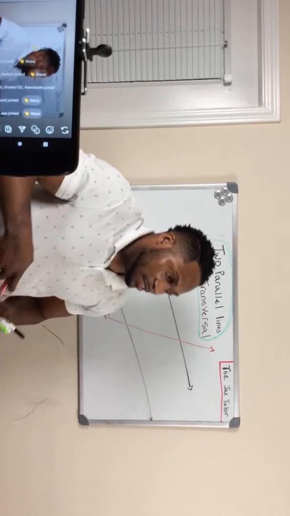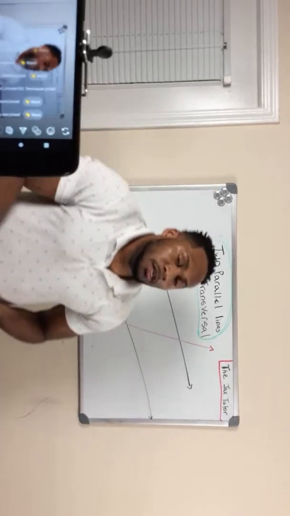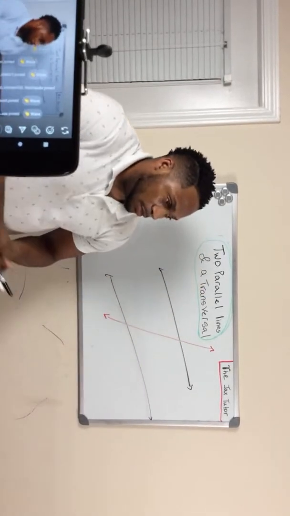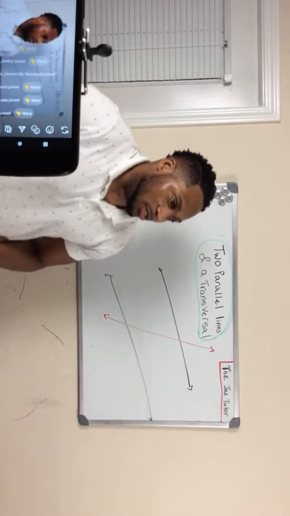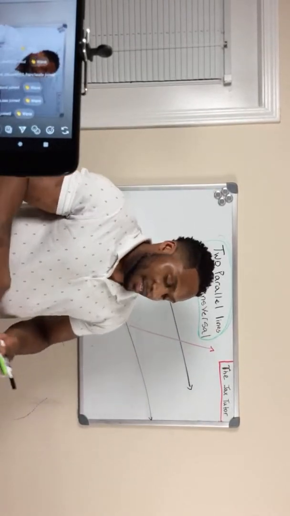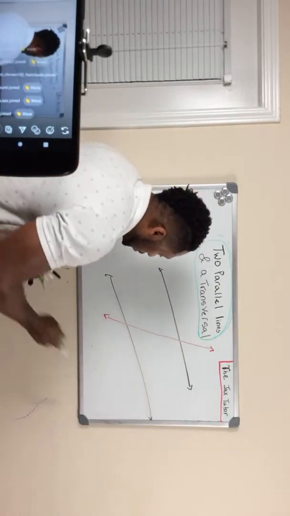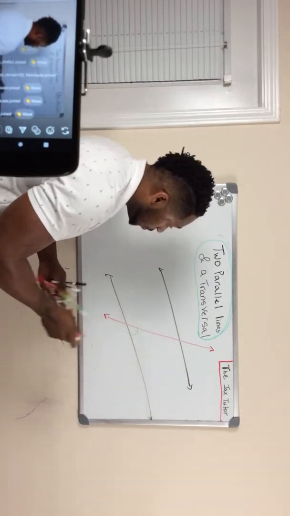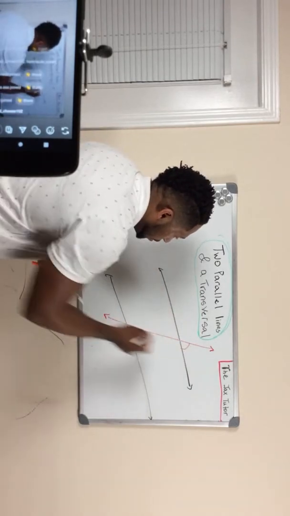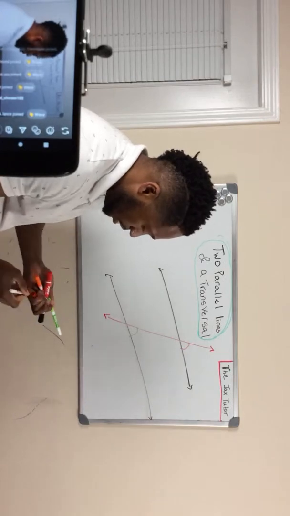It's a concept we get a lot in geometry. They give you two parallel lines, and also a line that goes over them, the transversal, and they ask you to find the angles. The angles they're referring to are this angle right here, and this one. You can name them however you want.